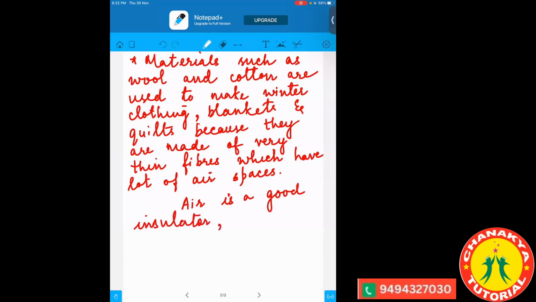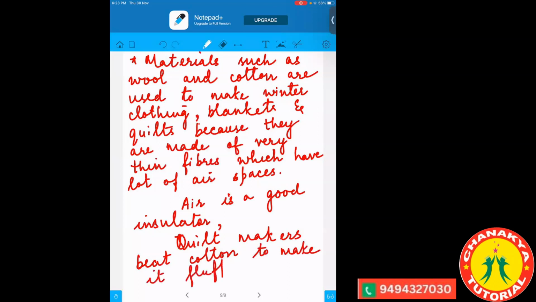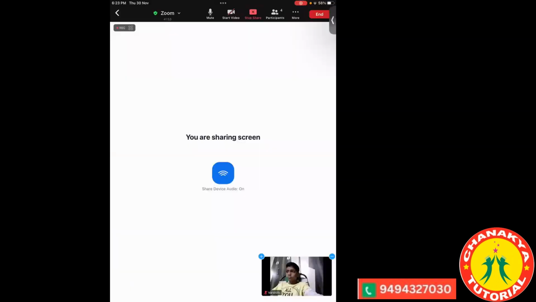So that is why the quilt makers beat cotton to make it fluffy.